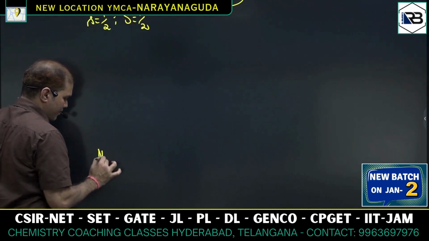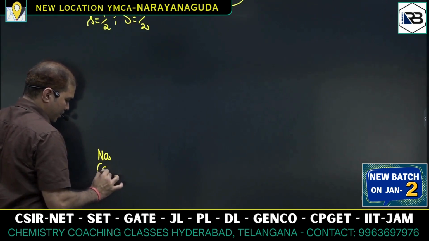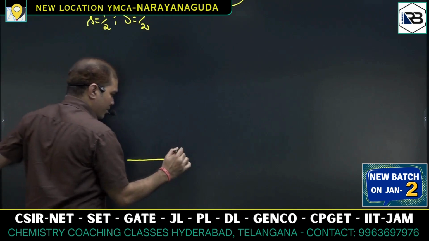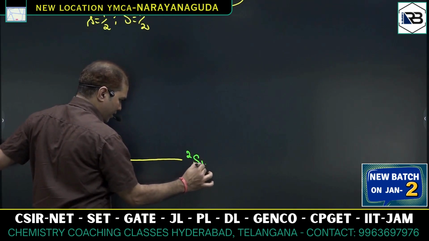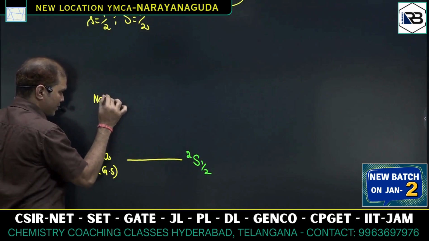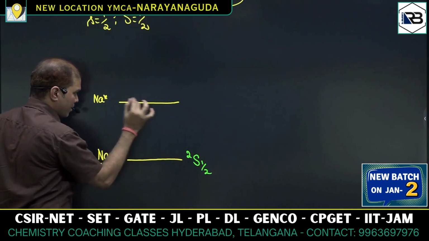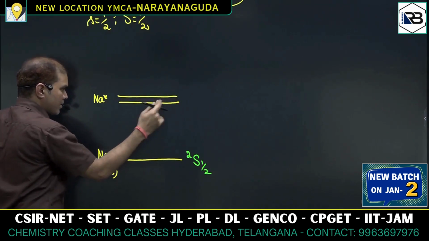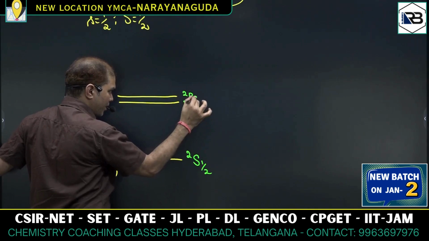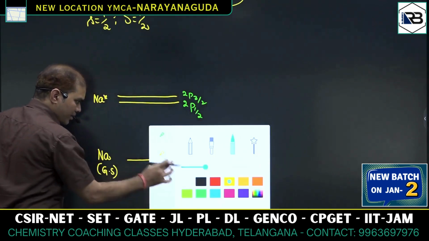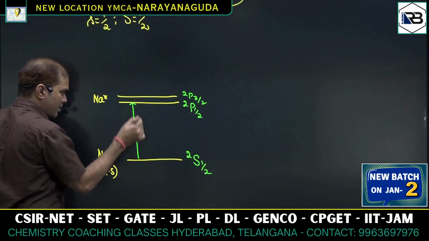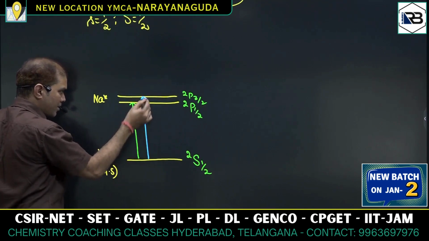Sodium in the ground state is represented by the energy level doublet S 1 by 2, and in the excited state we have two energy levels which are very close, doublet P 1 by 2 and doublet P 3 by 2. So let us go for the transitions. From the ground state there is one transition and also a second transition.